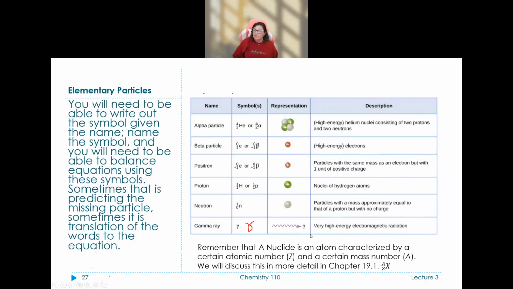All right. And that's a very high energy electromagnetic radiation. Okay, gamma. Think Hulk. That radiation turned him into Hulk. Okay. No, it doesn't actually do it, but just remember that. That's what we talked about.